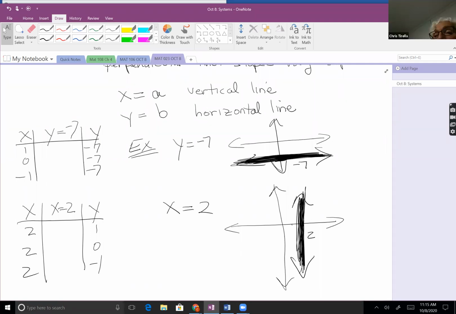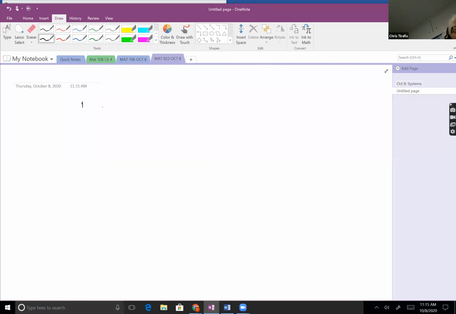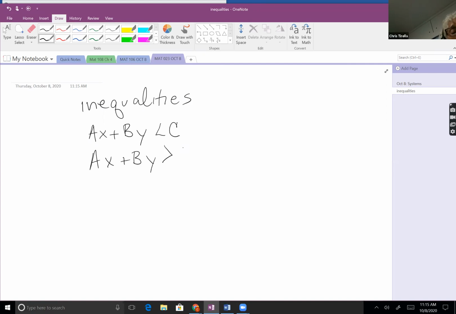The other thing that I would want to talk about is the inequalities. If I have ax plus by is less than c, or ax plus by is greater than c, strictly greater than, strictly less than, you have to remember that those are your dotted lines.